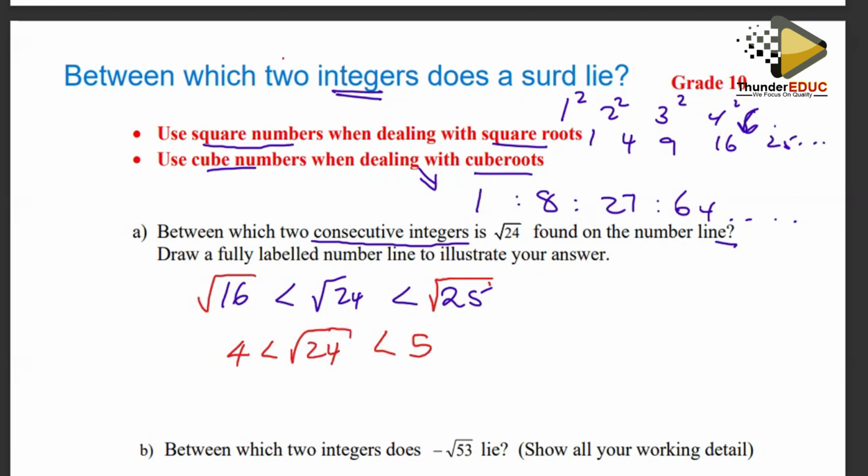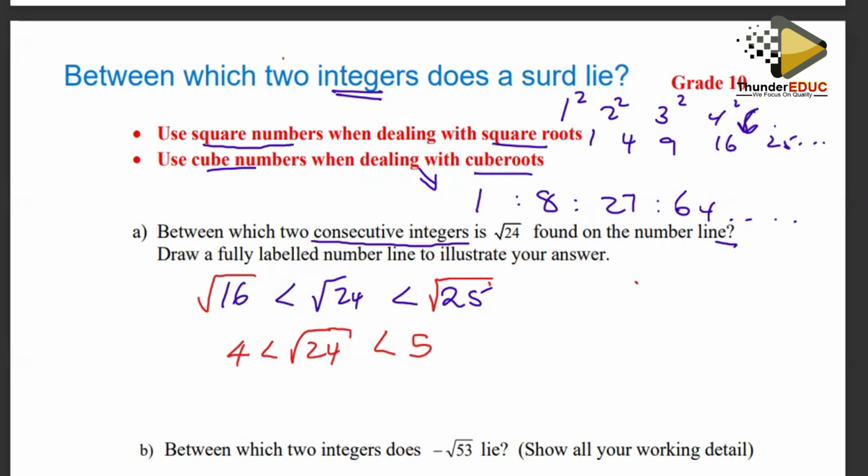So what this simply means is that if we use our calculators to determine the square root of 24, you find that the answer could start with a 4, but then that answer will be smaller than 5. I don't know if I'm making sense. We said 4 and then smaller than 5.